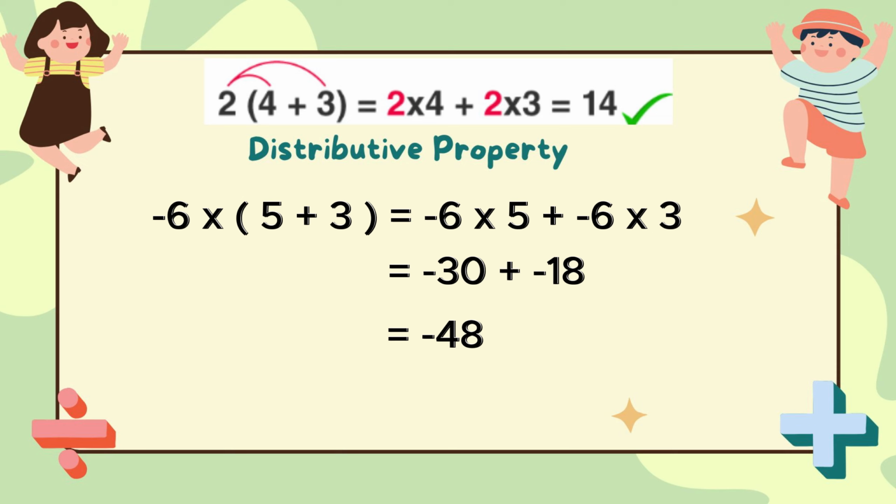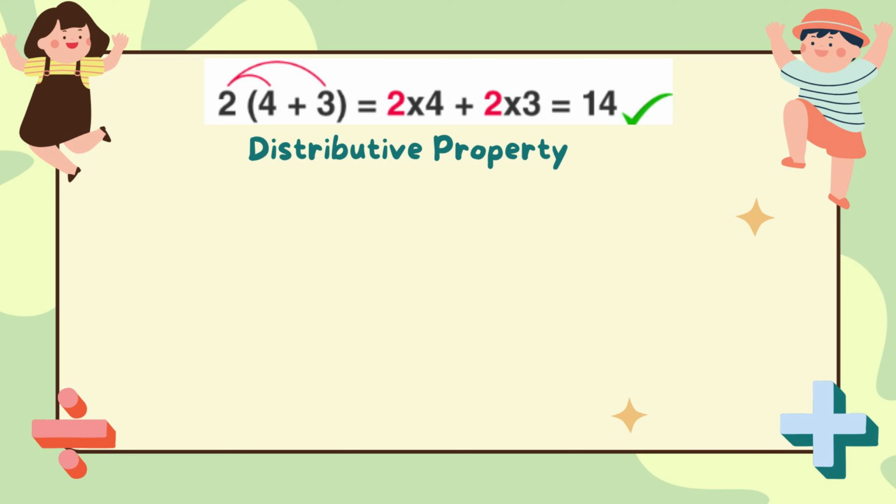Bring down the negative 6 times the quantity of 5 plus 3; the sum is 8. So, negative 6 times 8 is negative 48 too. As you can see, using the distributive property, the result is just the same. Therefore, the distributive property under addition is true.